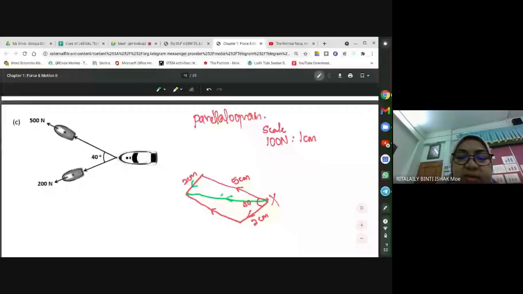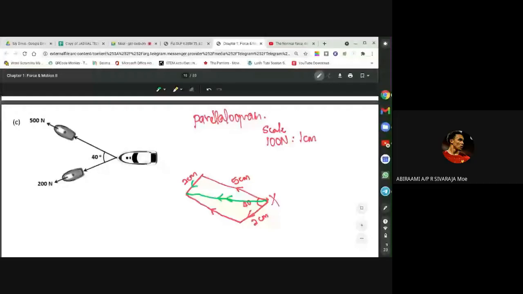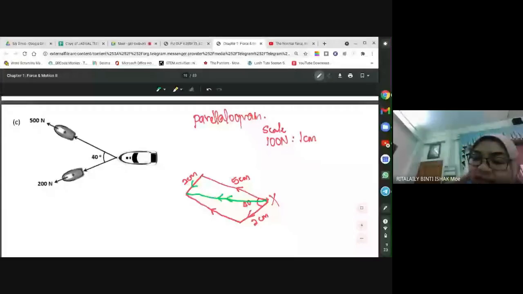Okay, so how do we determine the resultant force? What should we do next? Can Abirami tell us what should we do next after we draw the resultant force? Abi? Sorry? What should we do next?